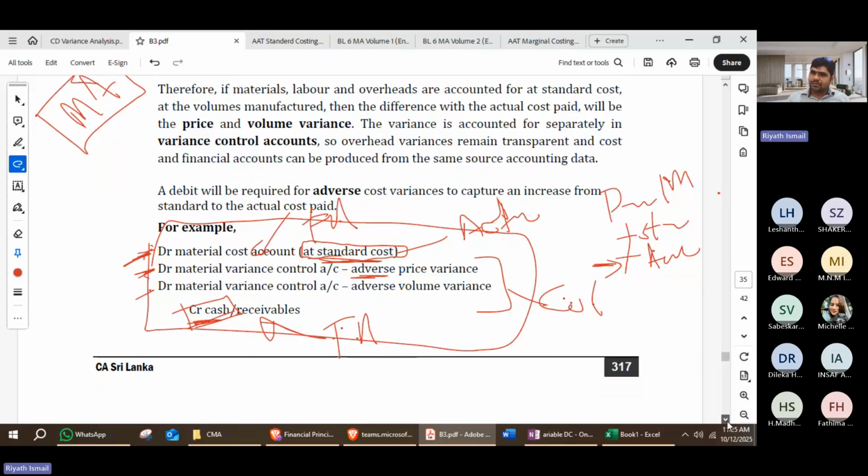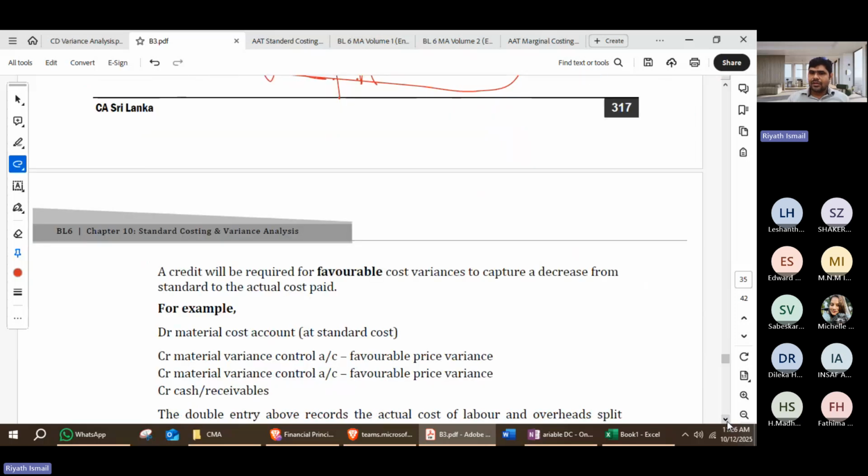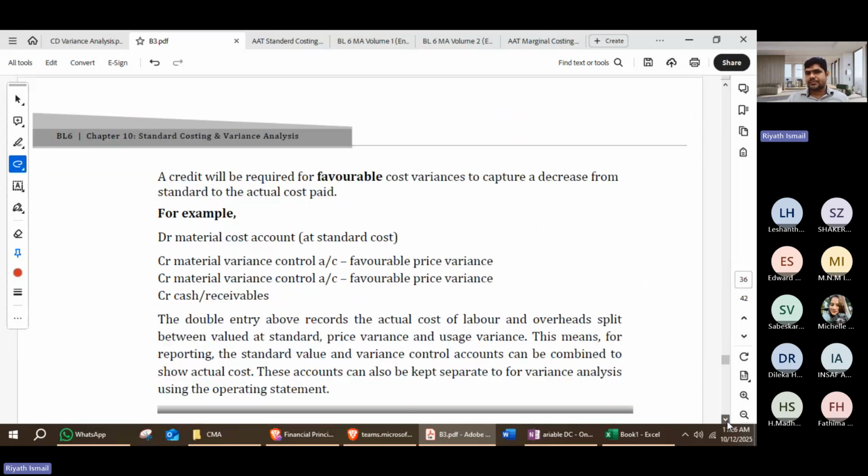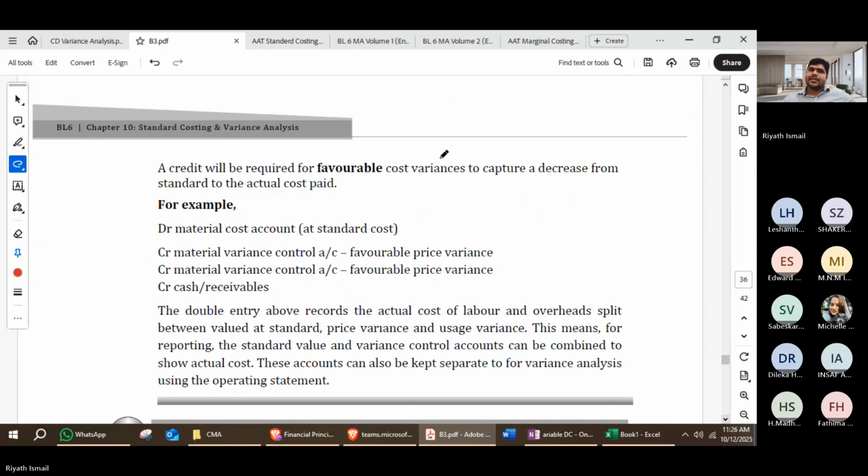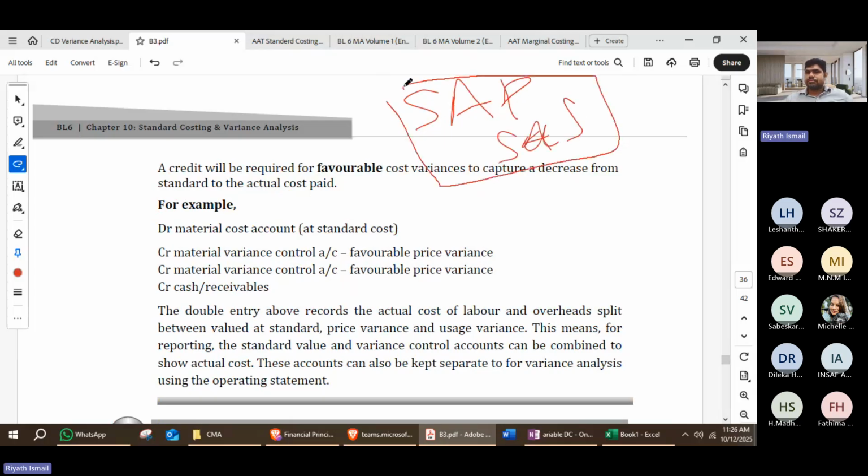It's very hard, but now there are systems called SAP and SAS. So they are developing a new system. If it is favorable, they credit it. So this is how they are introducing a new system called the integrated system.